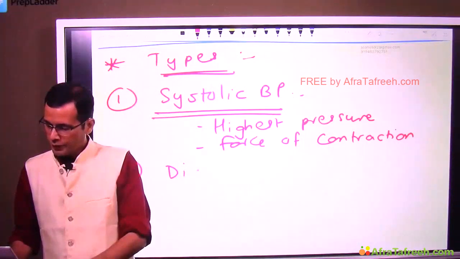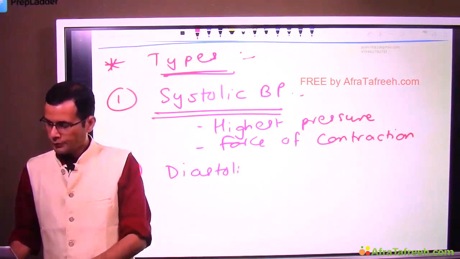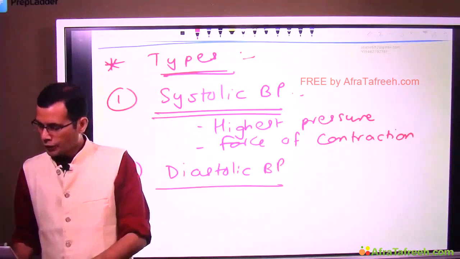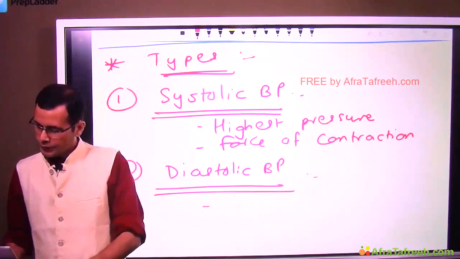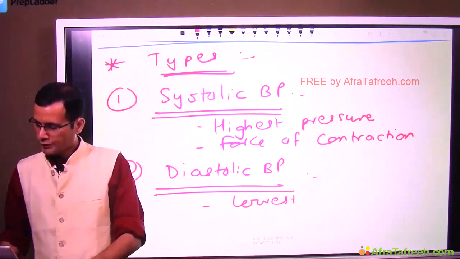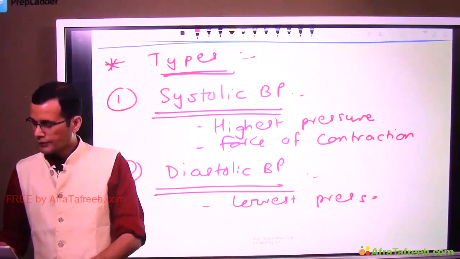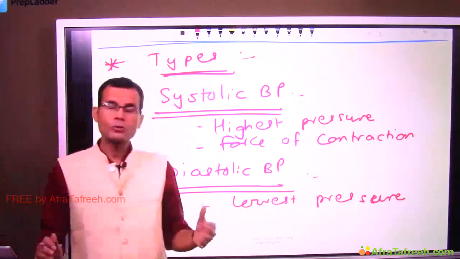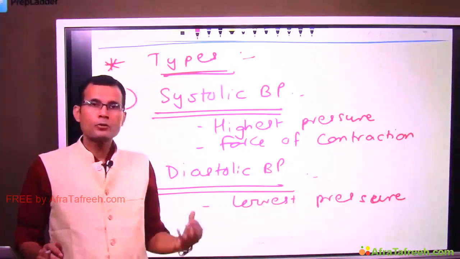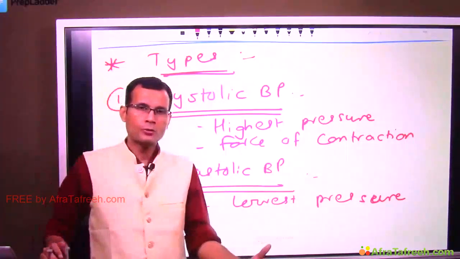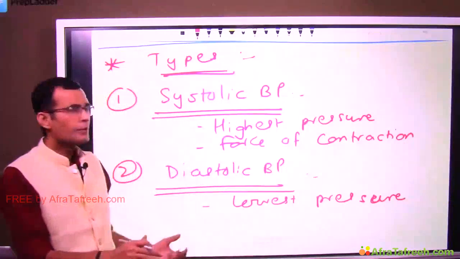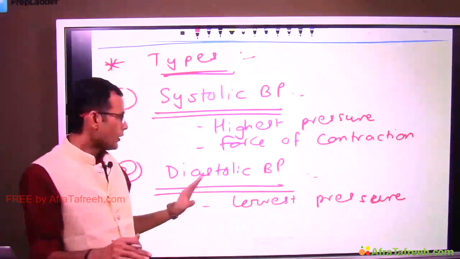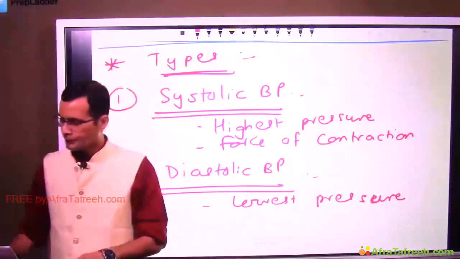Second, diastolic blood pressure. Diastolic blood pressure is the lowest pressure in the vessels, lowest pressure in the circulation when the heart goes in diastole. So, by the end of the diastole, there would be the lowest pressure in the vessels and that's called diastolic blood pressure.